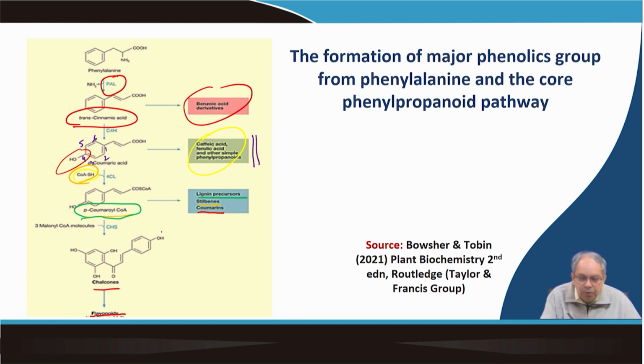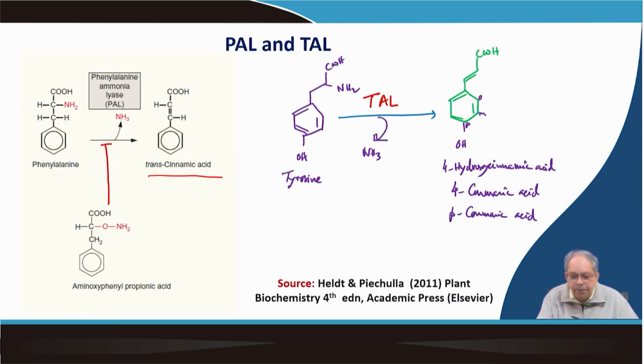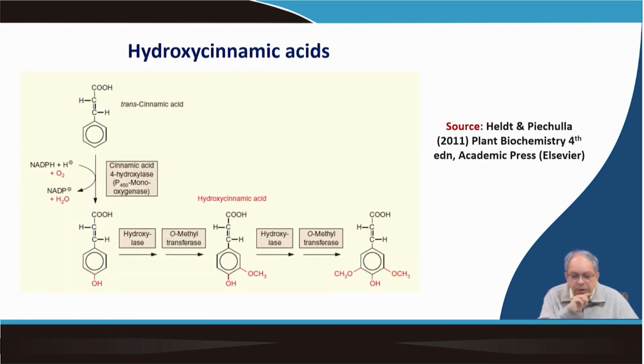It is called activated hydroxycinnamate because a CoA molecule is added, and upon joining with malonyl CoA, which I mentioned in the previous slide, it forms chalcone, and from chalcone it forms different flavonoid structures.